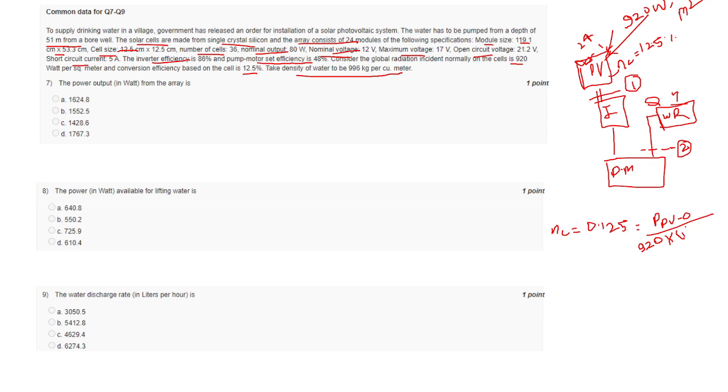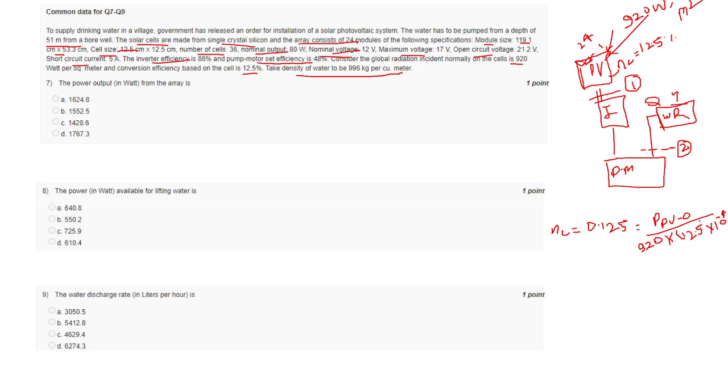So this will be 12.5 squared, and this is in centimeter, so we first have to convert the unit to meter square by multiplying by 10 to the power minus 4.